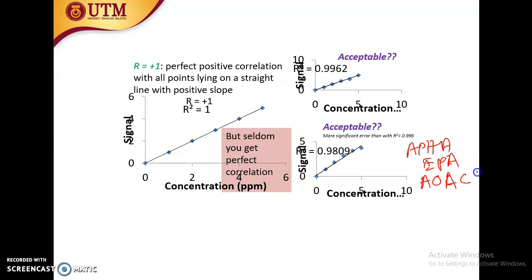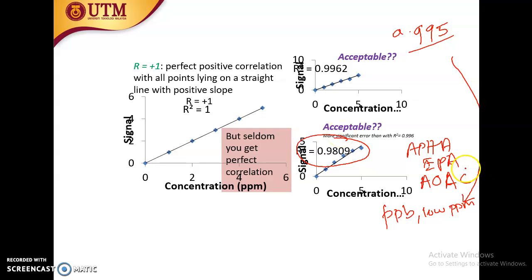If you are working at a very trace level such as ppb, or low ppm, the R square that is acceptable can be lower than what we usually use. For example, 0.995 is the one that we want, right? But when you are working with trace level, sometimes this R square is acceptable.